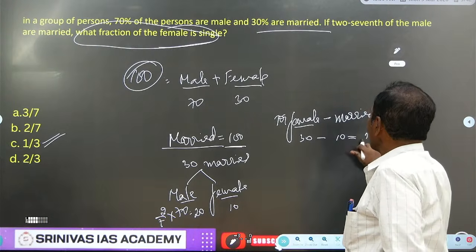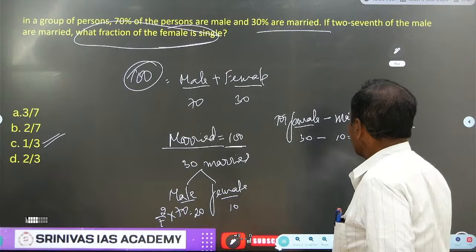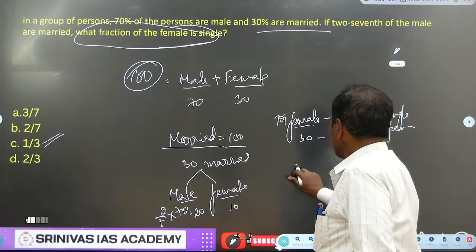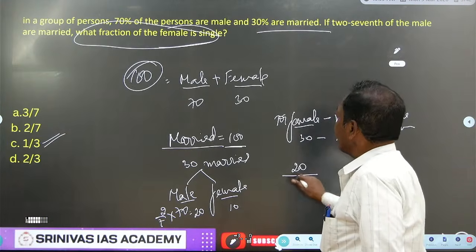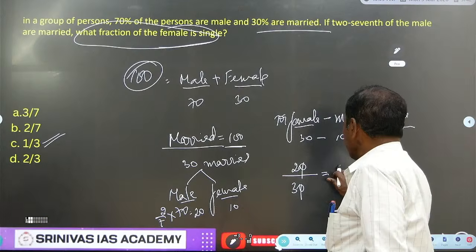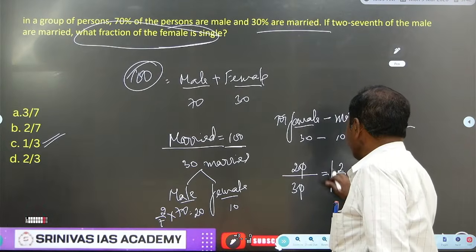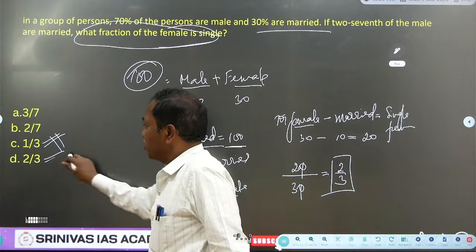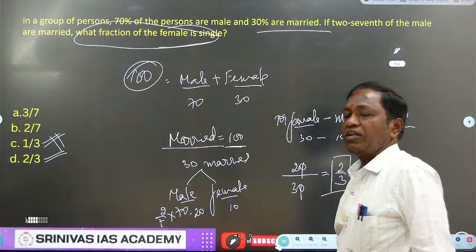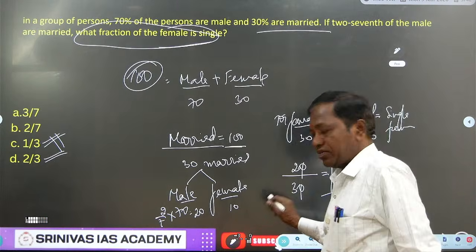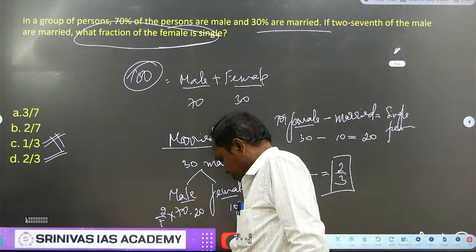So what is this? It is 20. Okay, I made an error there. Now the fraction is 20 out of 30. The zeros get cancelled. 2 by 3 is the fraction. There was an error in my solving.